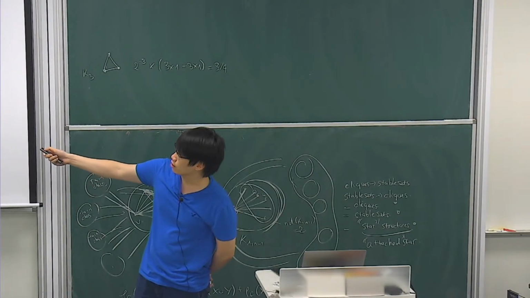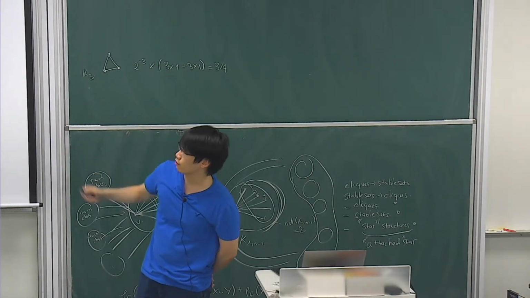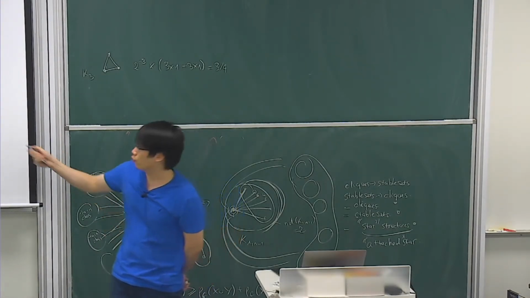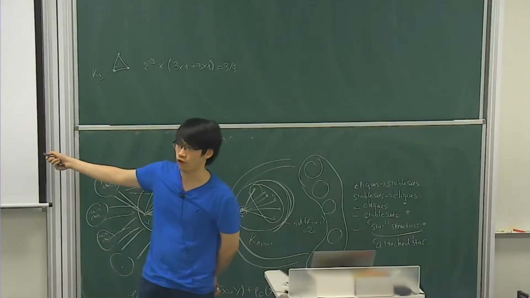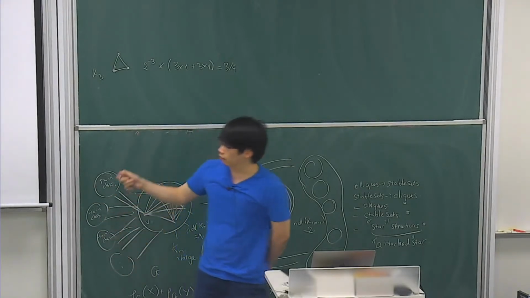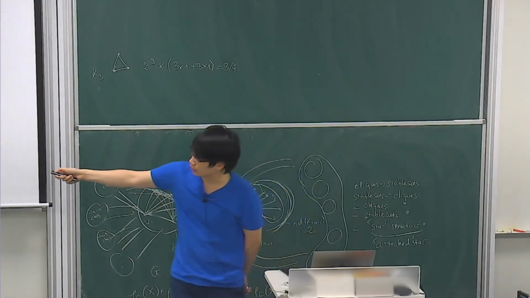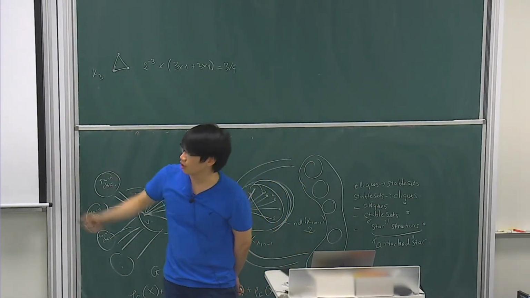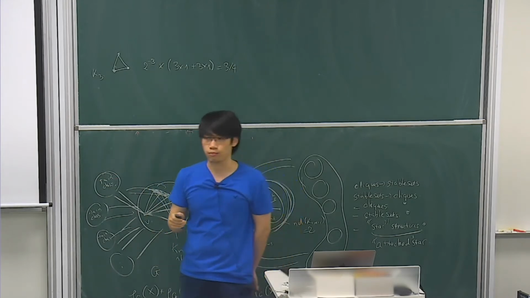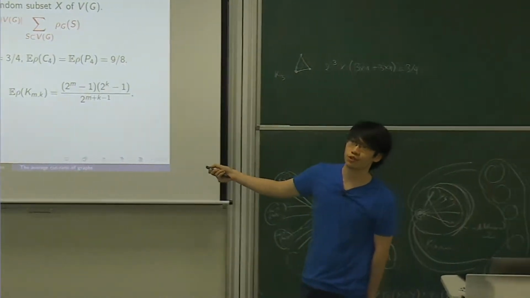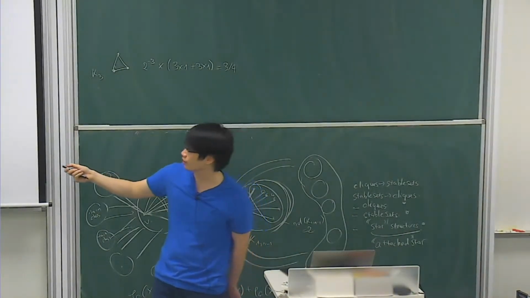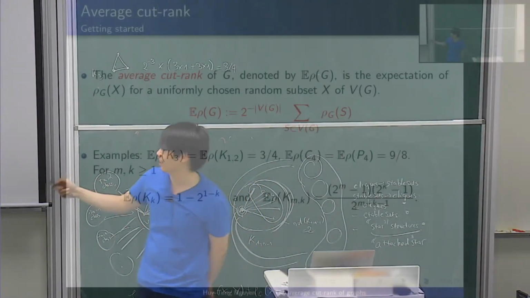You can check, C4 is K_{2,2}, and if you replace m and k by 2 here, then you will get exactly 9 over 8. For the first statement, it is a bit easy, just simple counting. But for the second, I'm not sure if it's really easy. But anyway.